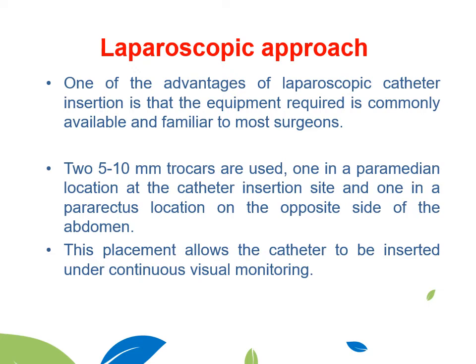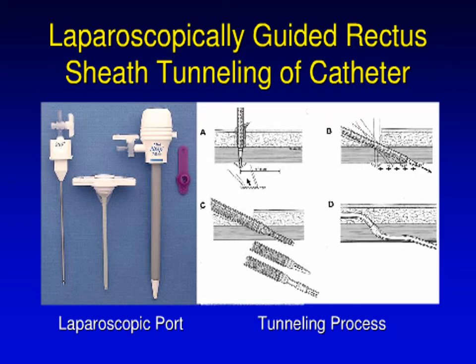The advantage of the laparoscopic procedure is that it gives you direct visualization of where you are putting your catheter. Even in the surgical one, you cannot see properly where the catheter is going in, but with laparoscopy you can see exactly where it is.